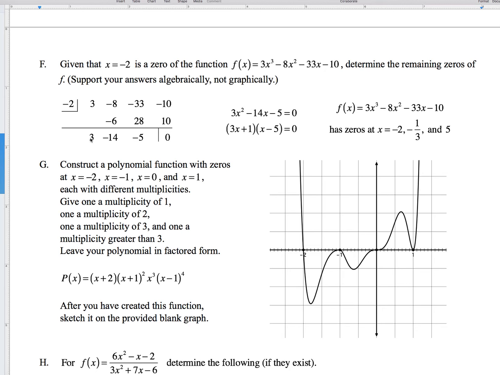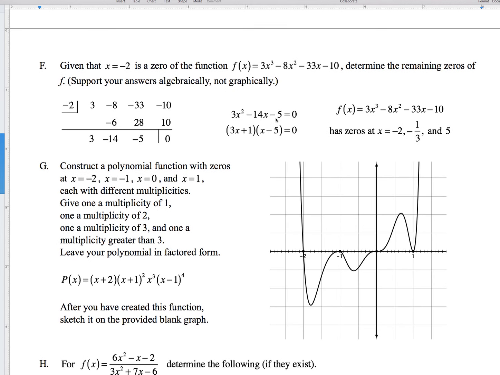So these coefficients, the 3, the negative 14, and the negative 5, are the coefficients of the quadratic, which is 1 degree less than what we started with, which is what happens when we perform our synthetic division. So this quotient is 3x squared minus 14x minus 5, and we can easily factor that.